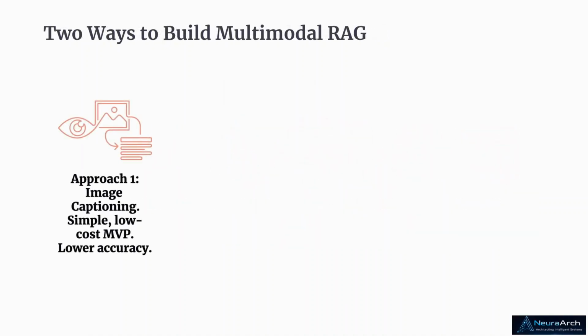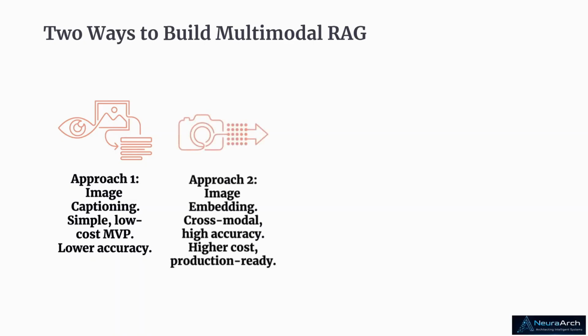So what are the two ways to build a multimodal RAG? The first approach is captioning. The captioning approach is pretty simple. In this approach, you will not directly store the images in a vector database; instead, you will caption that image. What does that mean?